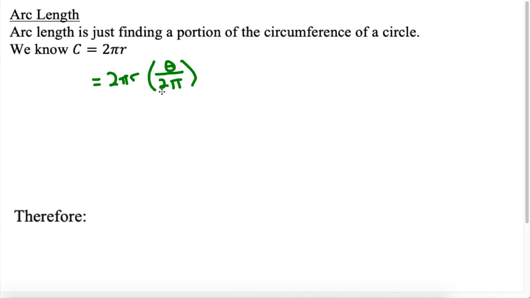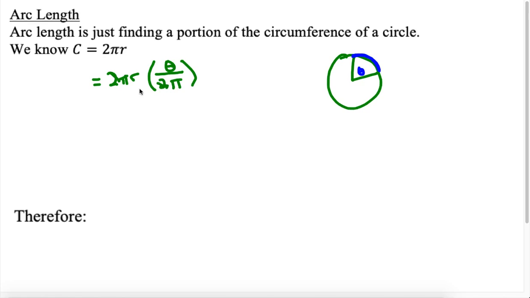We know that an entire circle has 2 pi radians. So if I'm thinking, for example, right, we've got a circle and here is my angle. My goal is to find this length right here. Right? Here's my angle. So what I'm doing is just saying, well, this angle is just going to give me the fraction of the entire circle that I want. And then we can simplify this quite a bit, right?